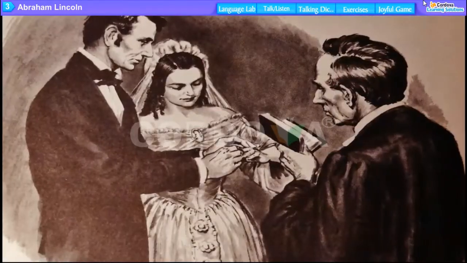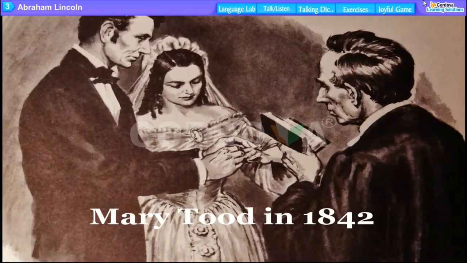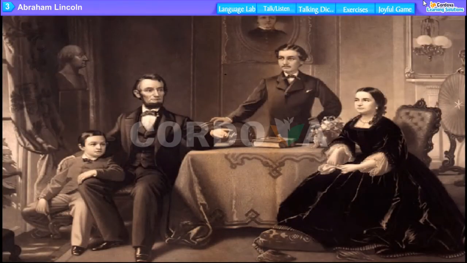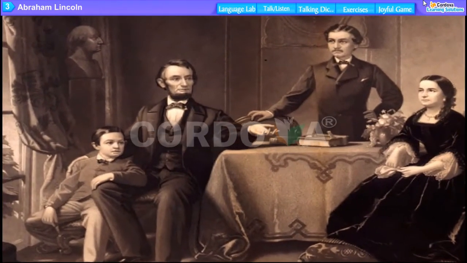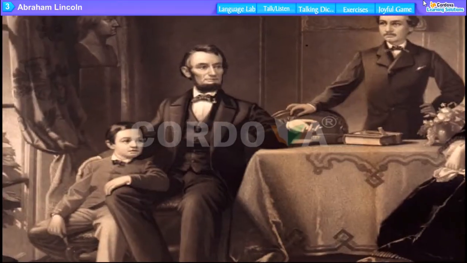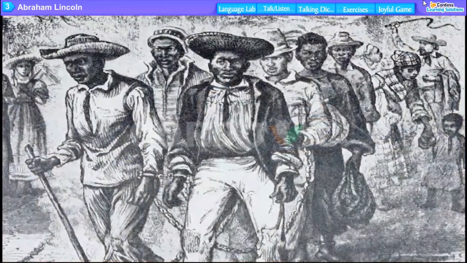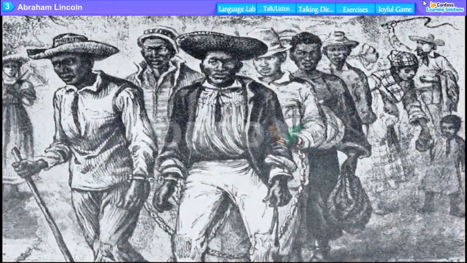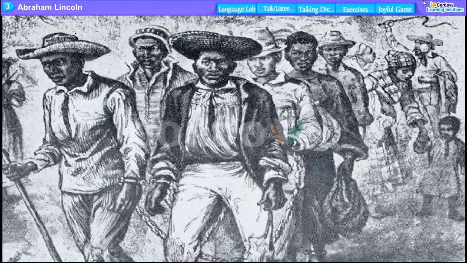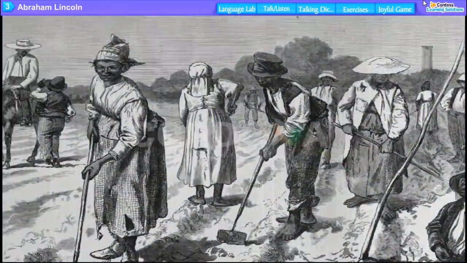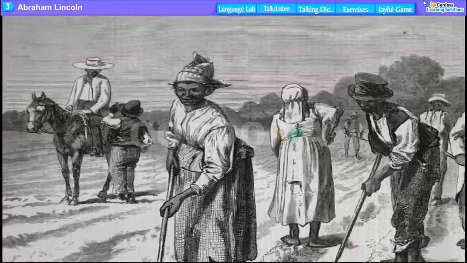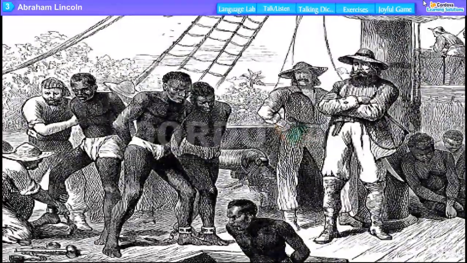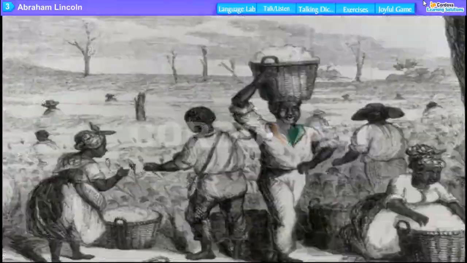Lincoln married Mary Todd in 1842. They had 4 sons, but only one, Robert, survived childhood. The country was having problems regarding the practice of slavery. The white men owned large farms in the southern states. Blacks were brought from Africa to work on these farms.